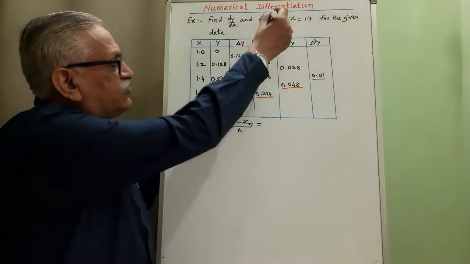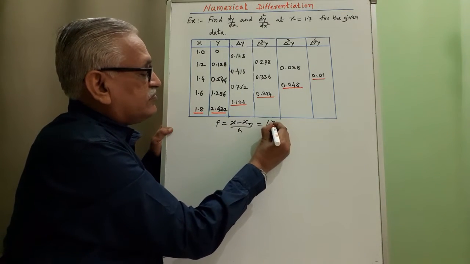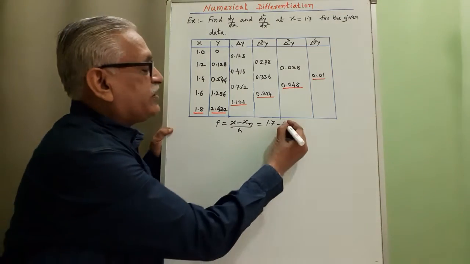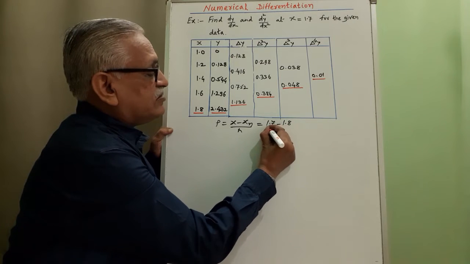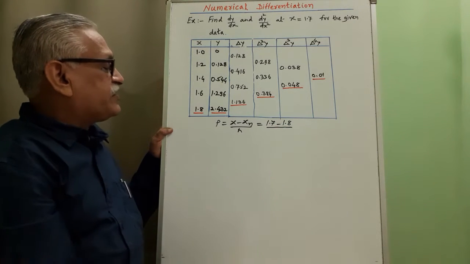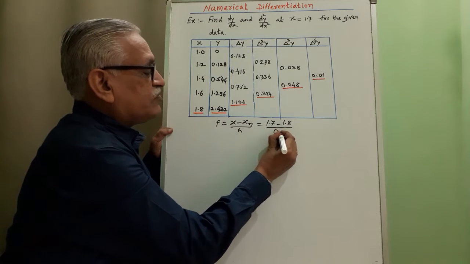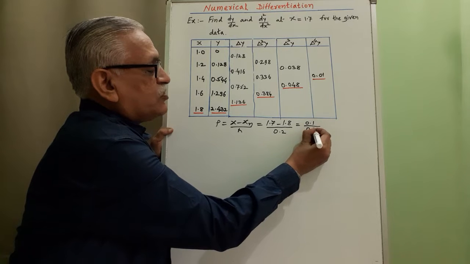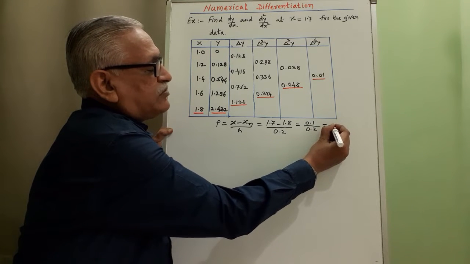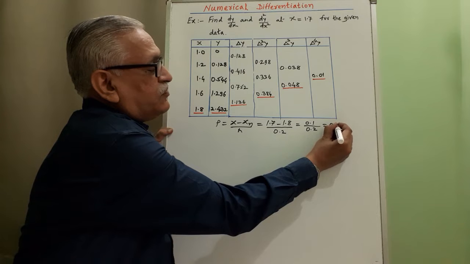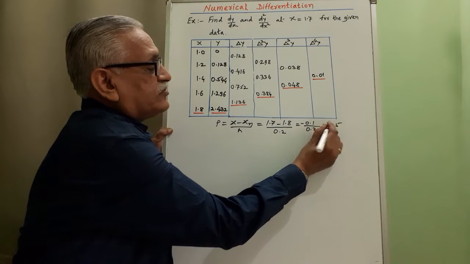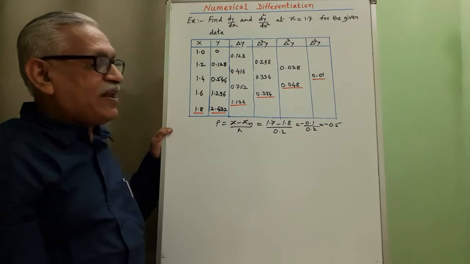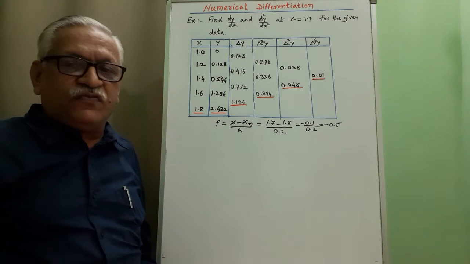Here x is 1.7 minus xn, the last value from the table, 1.8, divided by h, which is 0.2. Therefore it is minus 0.1 divided by 0.2, that is minus 1 by 2, which is 0.5 with a minus sign. Therefore the value of p is minus 0.5.